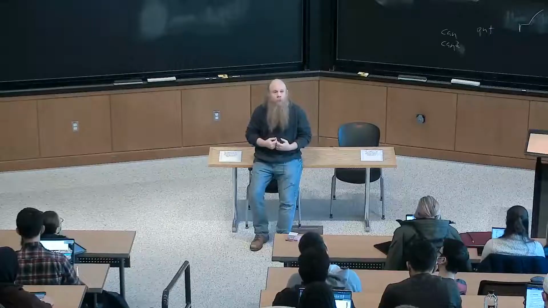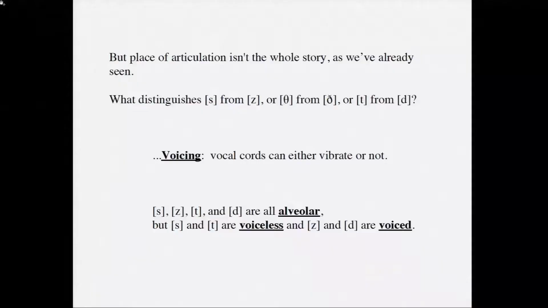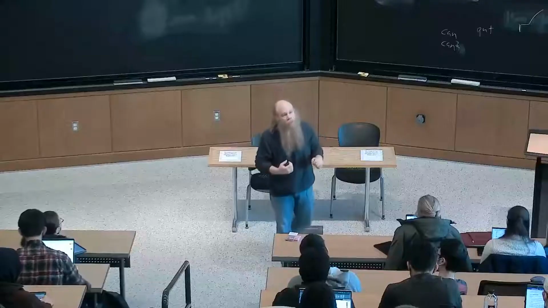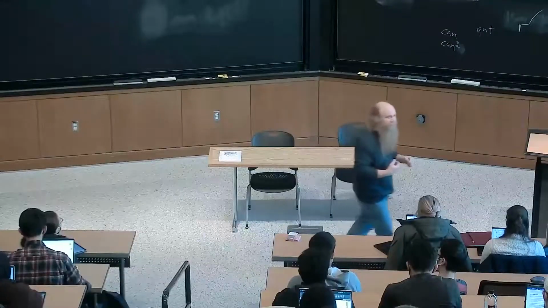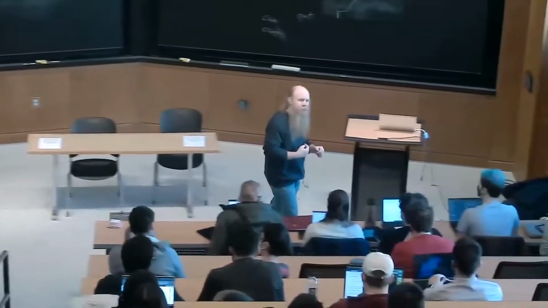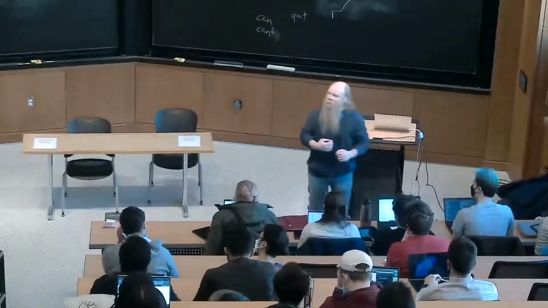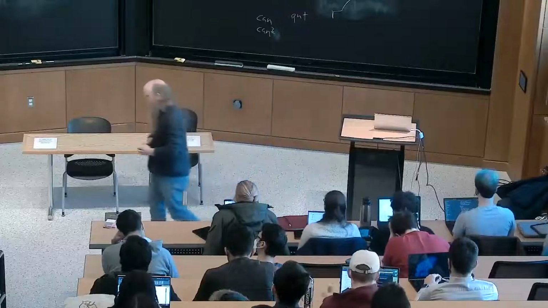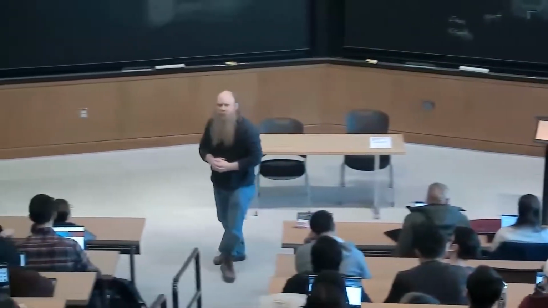When you're doing a Z, we say that Z is voiced and that S is voiceless. Yes, it's a distinction in voicing. Yeah, so the difference between cats and dogs. Exactly, I was going to get to that later, but yes, that's exactly it. So what's the difference between a cat and a dog?